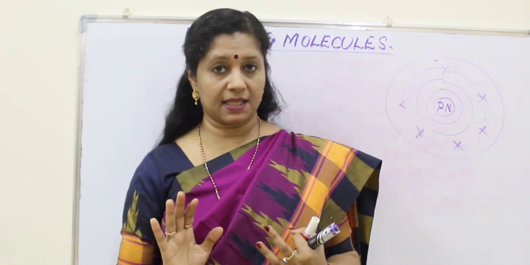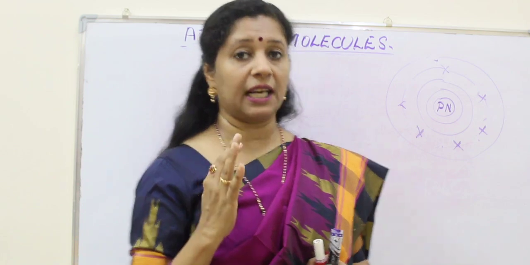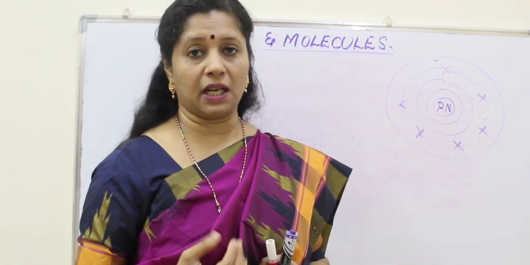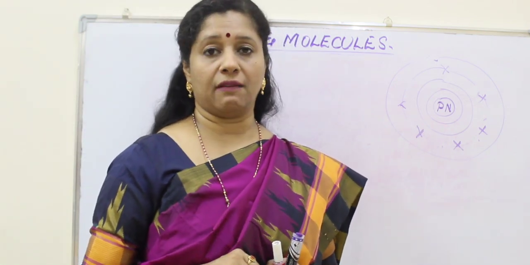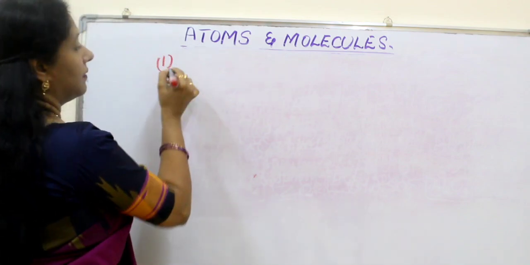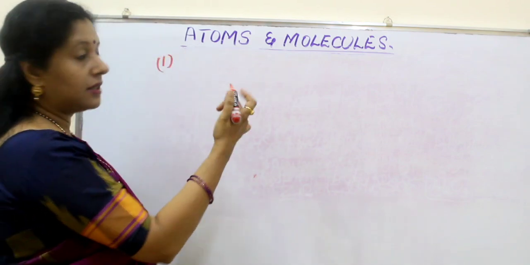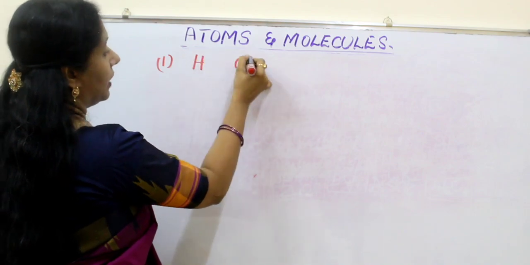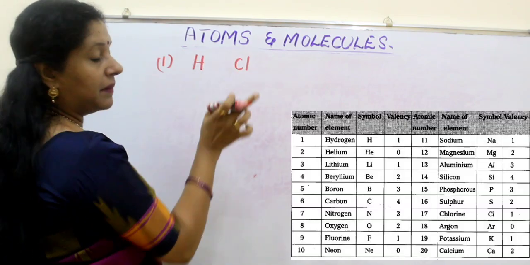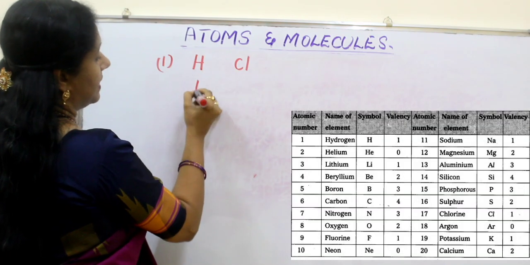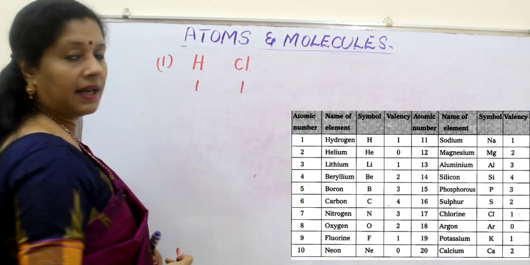For the time being, you understand this, and we can refer to this table for writing the molecular formula. So let's see how to write a molecular formula. Let's start with the first one. Hydrogen chloride is given in NCERT. Hydrogen chloride. You know hydrogen is there, chlorine is there, right? From the table we know that hydrogen valency is 1, chlorine also has valency 1.